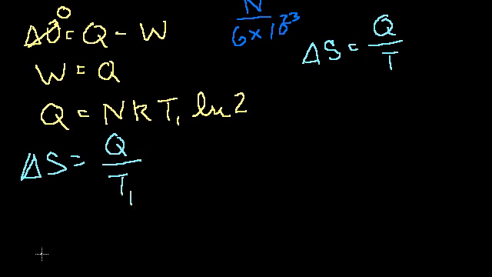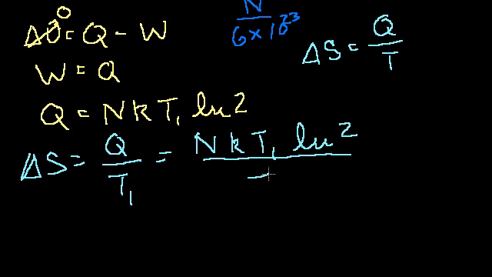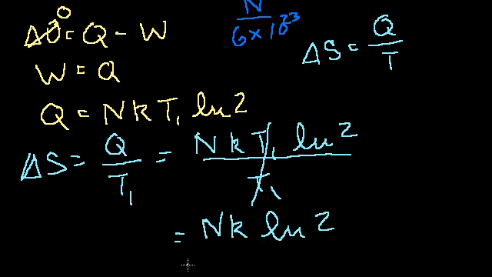Our temperature is T1, so that's equal to nkT1 times the natural log of 2, all of that over T1. So these cancel out, and our change in S is equal to nk times the natural log of 2.